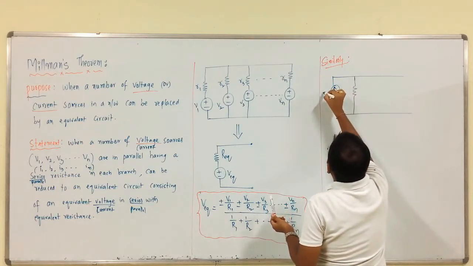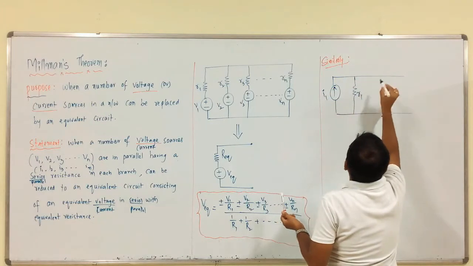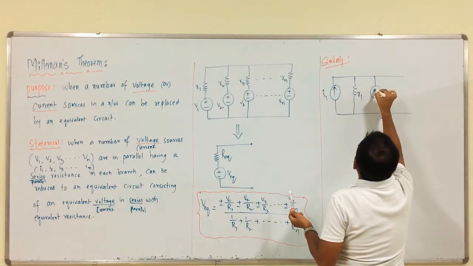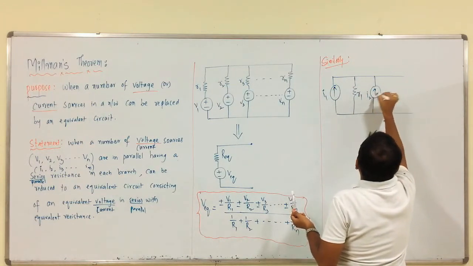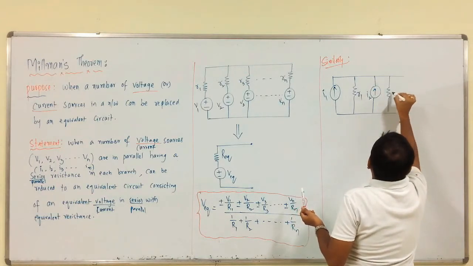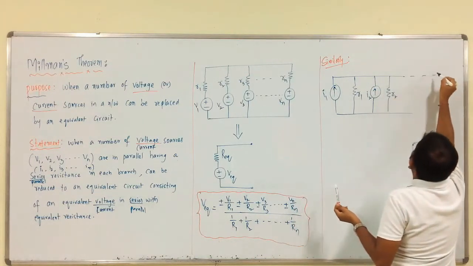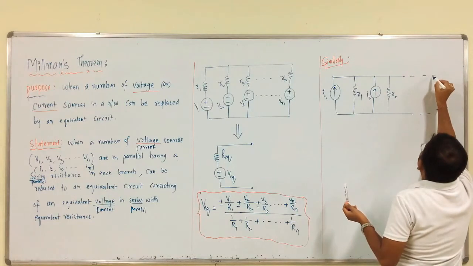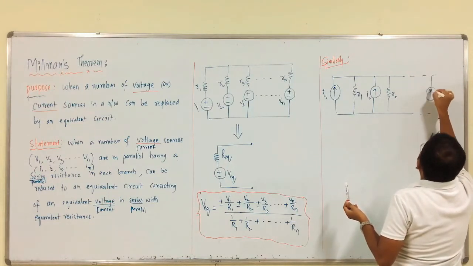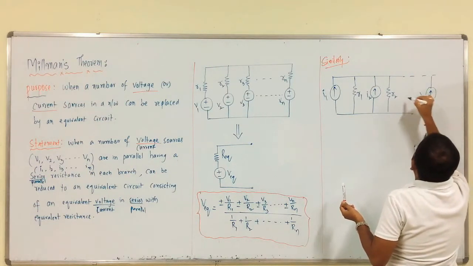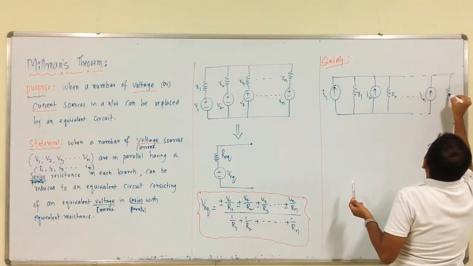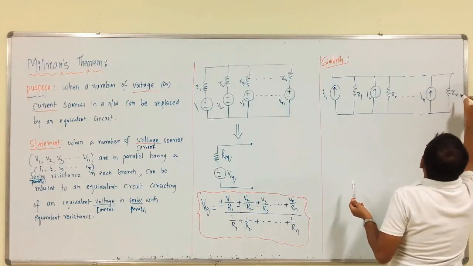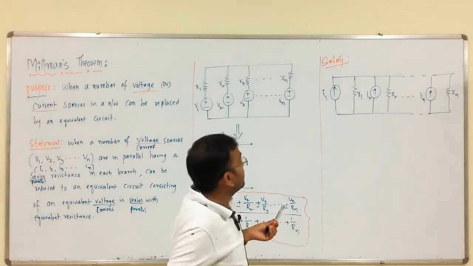this is I1, this is R1, this is I2, this is R2 up to so on, this is In, this is Rn. Then what is the equivalent circuit for this?